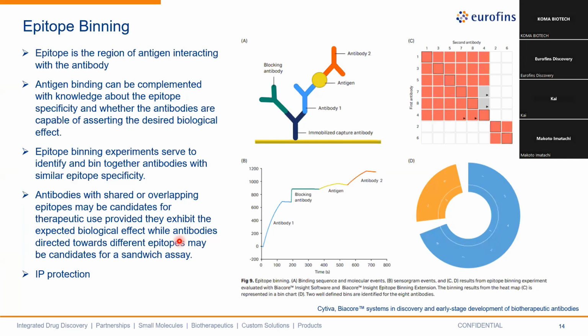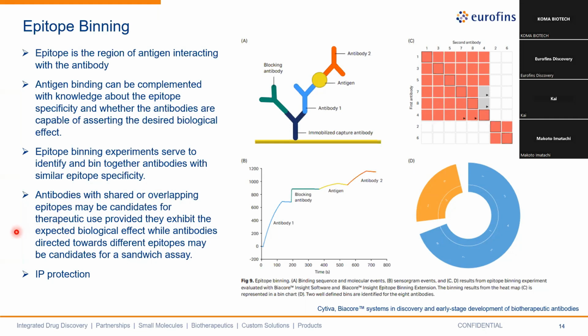So that's why you need to bin your antibodies, to make sure that you focus on the antibody clones that actually bind in the right part of the antigen. So epitope binning experiments serve to identify and bin together antibodies with similar epitope specificity. So antibodies with a shared and overlapping epitope may be candidates for therapeutic use, right?